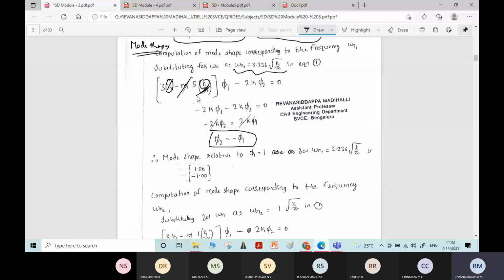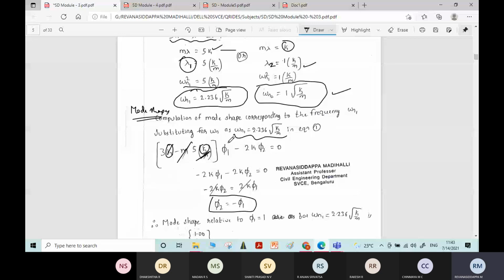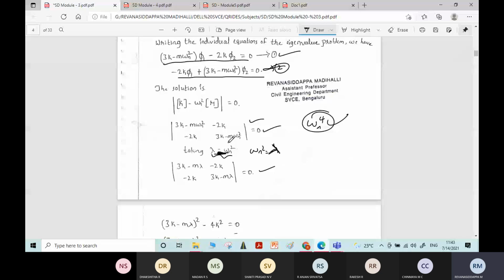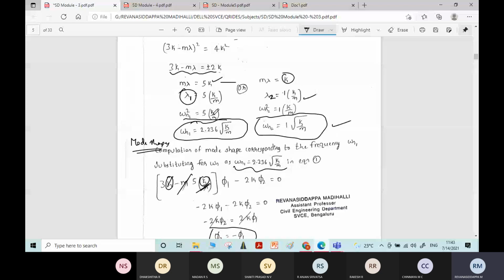Therefore you can directly write the simplified step here. I will tell you how to write it, because sometimes you make mistakes in simplification. We need to substitute omega n1 square is equal to 5 into k by m in this equation.